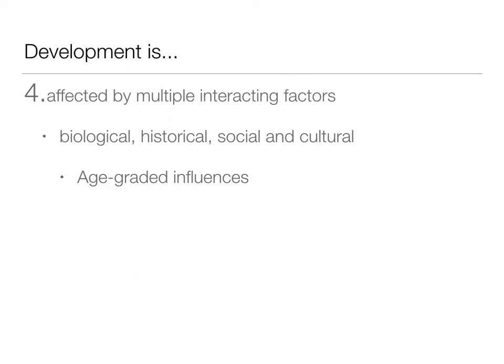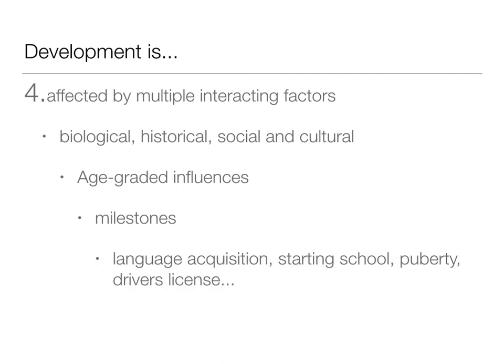Some of these can include age-graded influences. So the milestones, language acquisition, starting school, puberty, driver's licenses. These are things that within a culture have kind of a starting point. So starting kindergarten, you're 5, almost 6 sometimes when you start kindergarten.